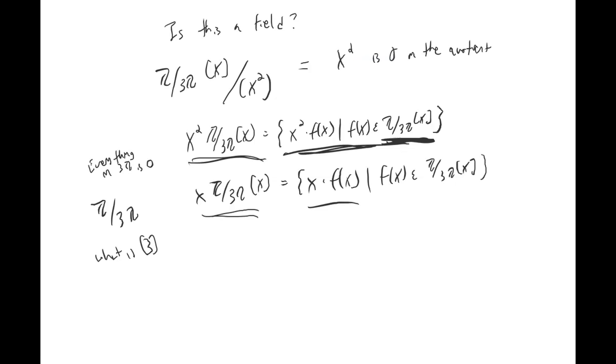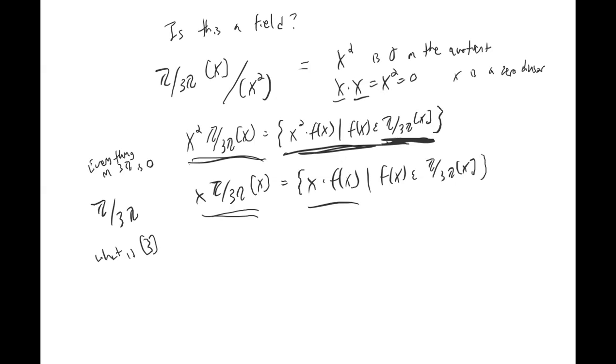Is this clear? Okay, but then that means we have 0 divisors, because x times x is x squared, which is 0. But none of these is 0. So x is a 0 divisor.